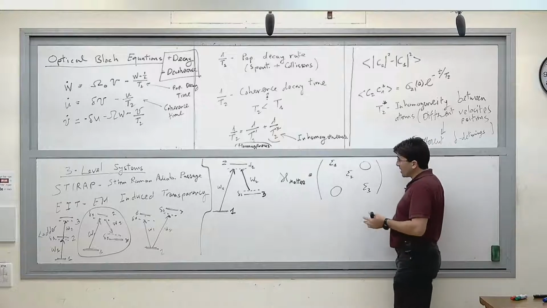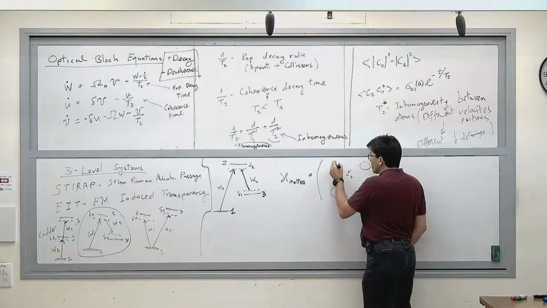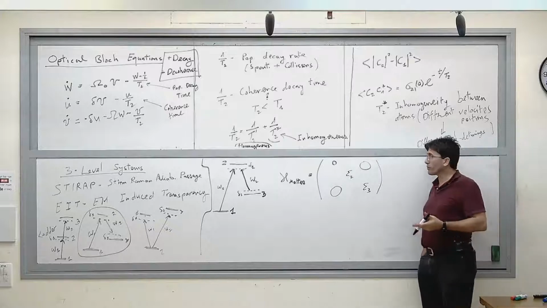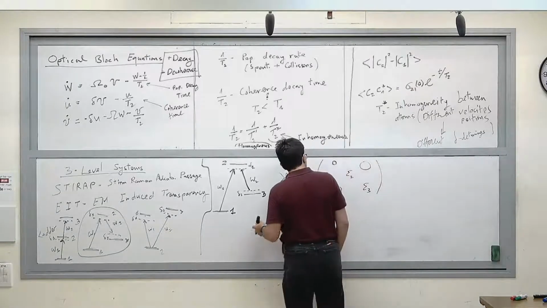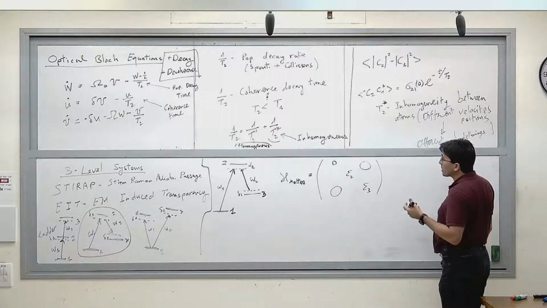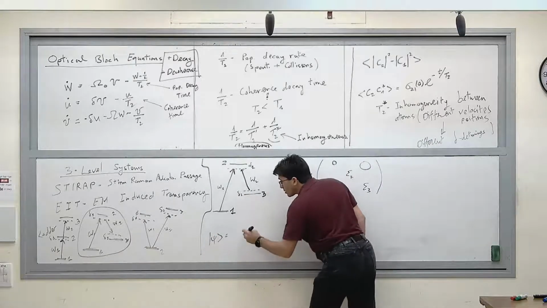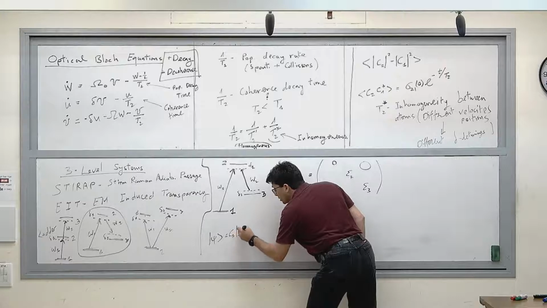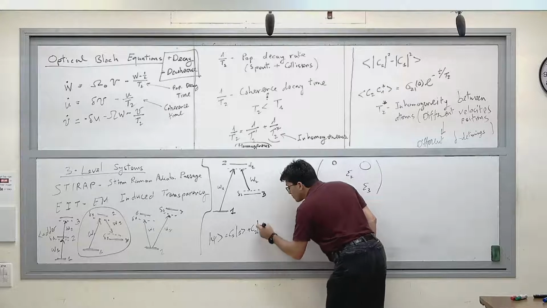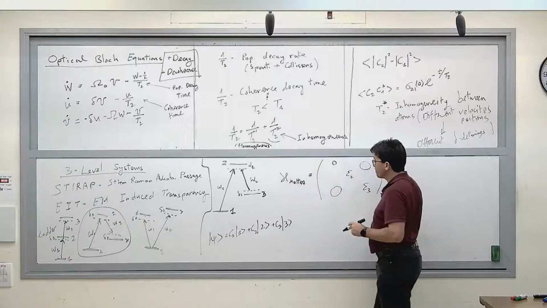And of course, it makes sense to call the first energy, the energy of state 1, 0, and reference everything to that. And generally the state, of course, is C1 times state 1 plus C2 times state 2 plus C3 times state 3.